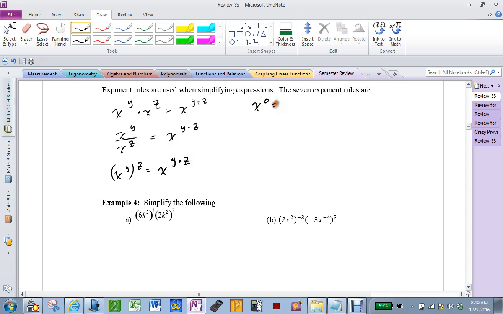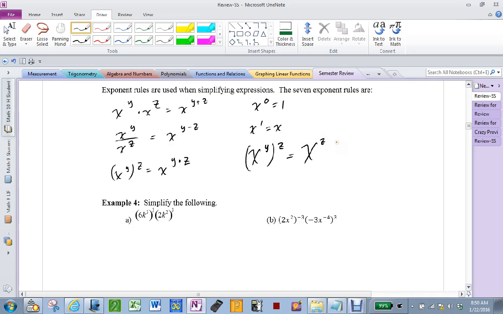X to the 0 equals 1. X to the 1 equals x. X to the y to the z is x to the z, right?